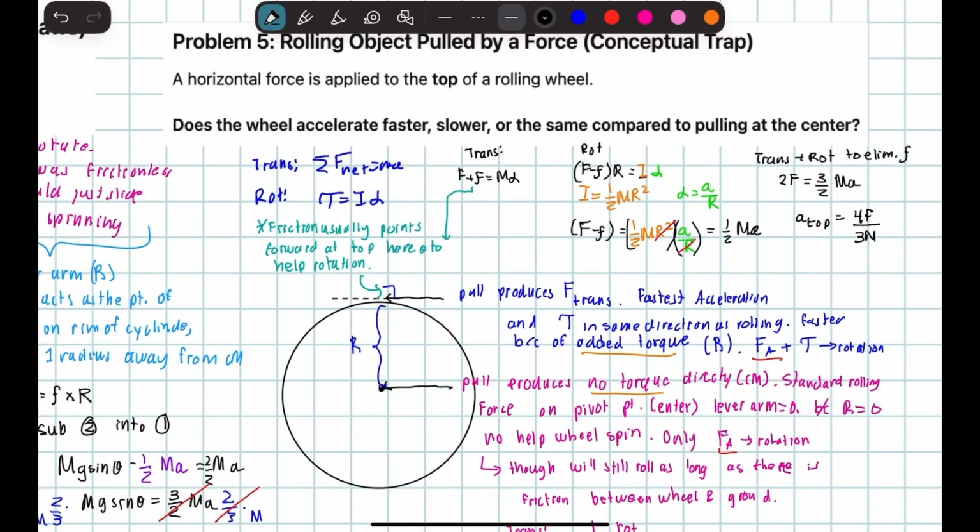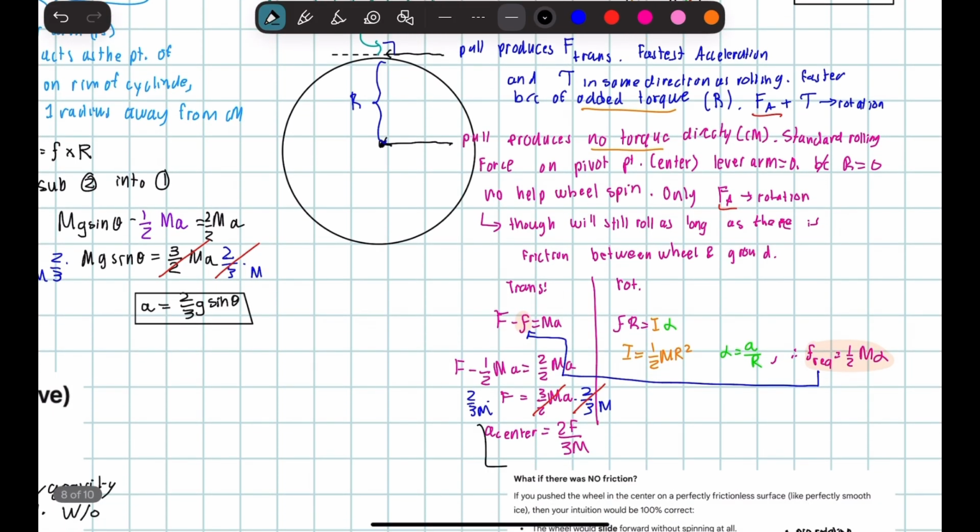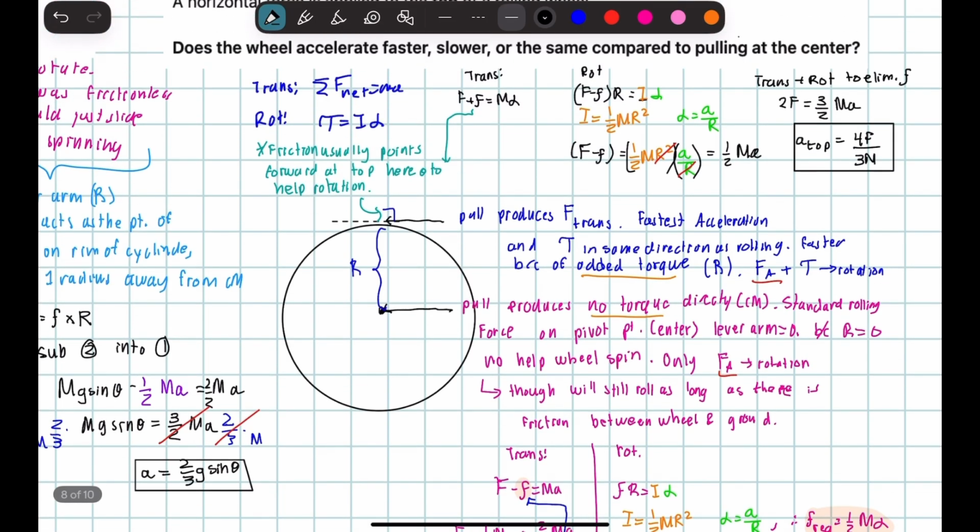So now we can see that pushing at the top is going to be 4F over 3m, and the center is going to be 2F over 3m. So this is basically double the acceleration. So pushing at the top is more efficient because it contributes to the rotation directly rather than forcing the ground to do all the work through friction.